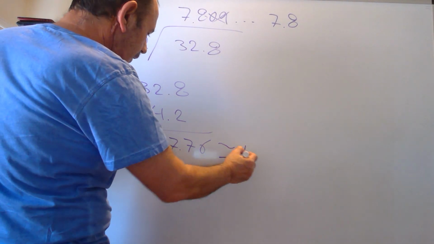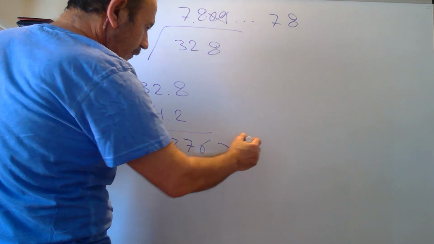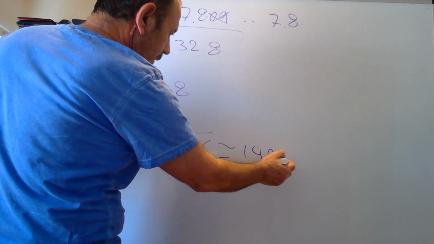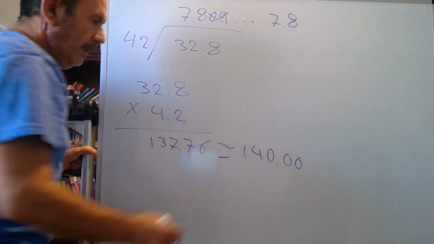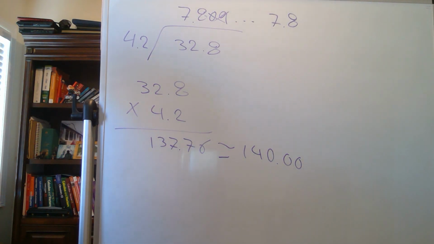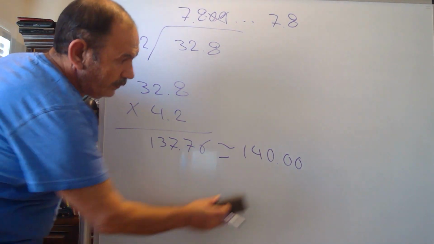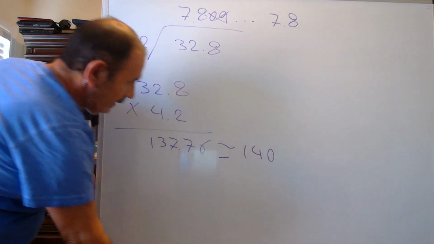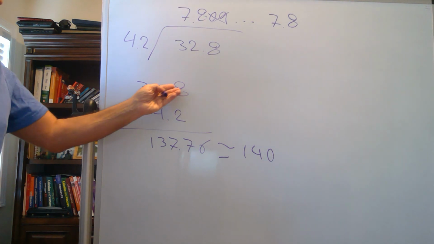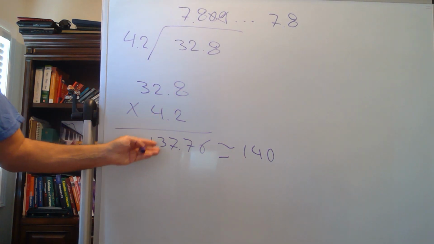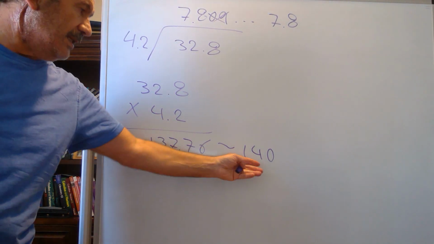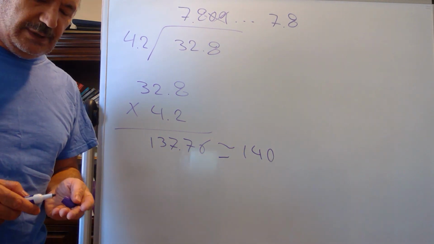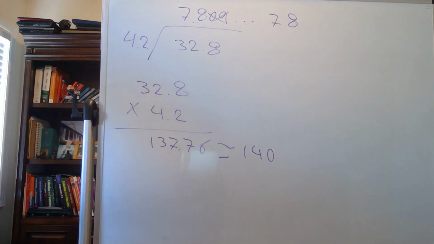If I round it, it's going to be 140. Sorry, not these two zeros, because if I put this zero, it's going to be more significant digits. So 32.8 multiplied by 4.2, the result has only two significant digits. Okay.